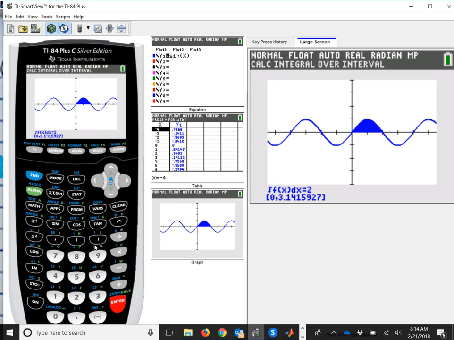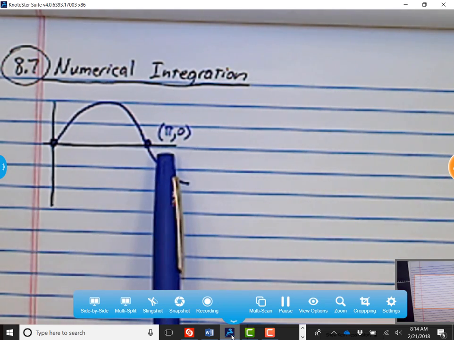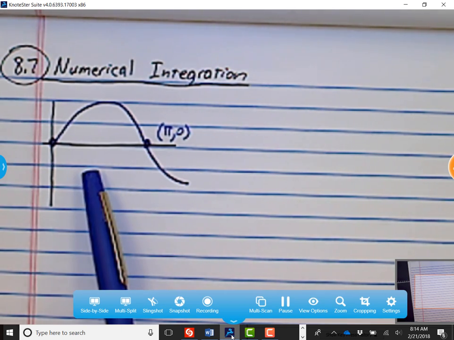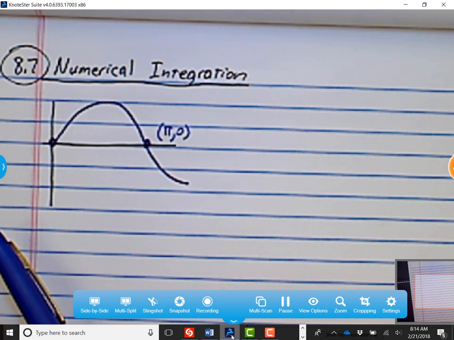So here's the point pi comma 0, and here's the sine curve. So you know what I do the first day of Calc 1? I don't get 2. I get answers like 1.99 eventually.